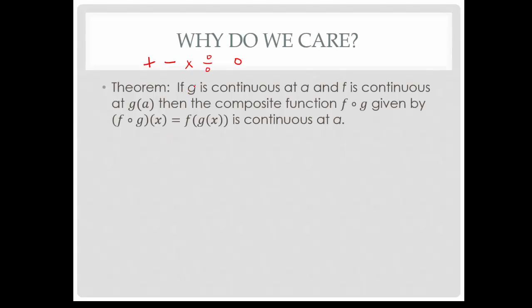This theorem says, if g is continuous at a, and f is continuous at g of a, then the composite function f compose g, which is f of g of x, is also continuous at a. So the thing to keep an eye on is that g, based on this theorem, is considered your inside function. So in other words, if your g function is continuous at a, and your function f is continuous at its output, g of a, then the composition is considered to be continuous at a. Okay, so that's for composition.